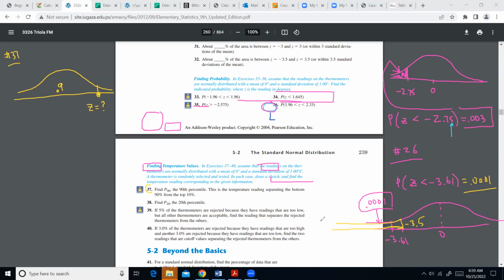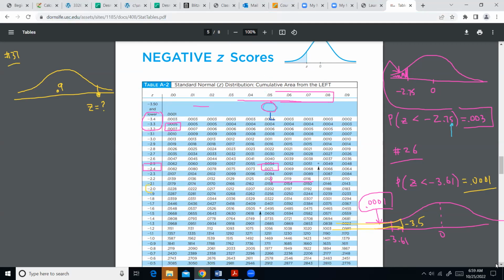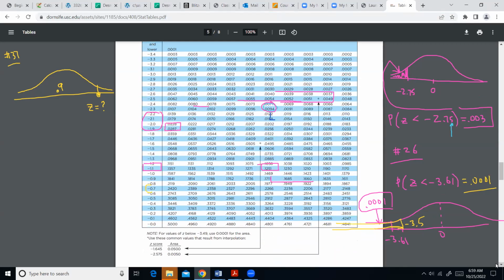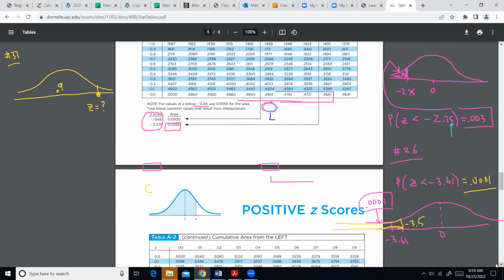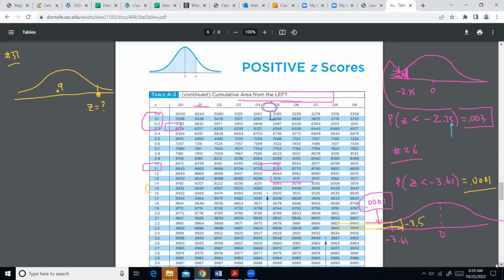So what they actually provide us with here, they give us the area to the left from that Z. So if I scroll to the next page of these tables, because it looks like that my Z-score here is positive, right?